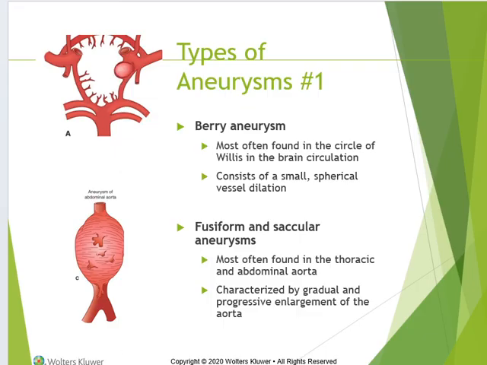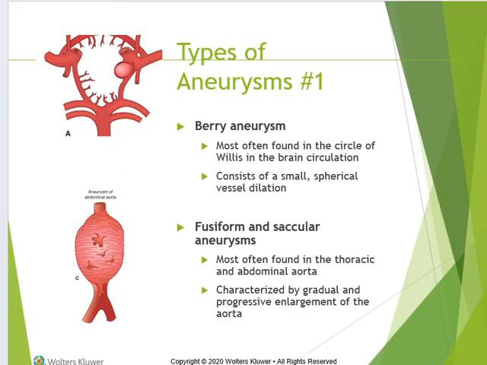The much more common type are these fusiform or saccular aneurysms. So these are true aneurysms, meaning they're completely enclosed by all the layers of the artery itself. The most common place where we see aneurysms like this are in either the thoracic or the abdominal aorta.